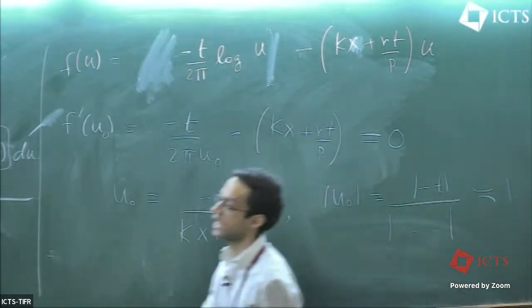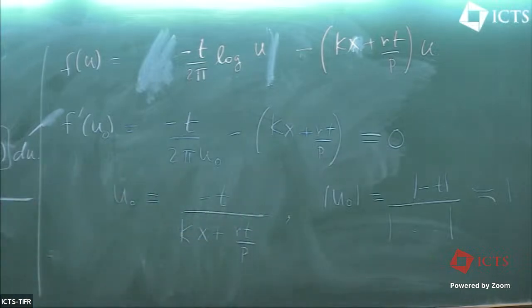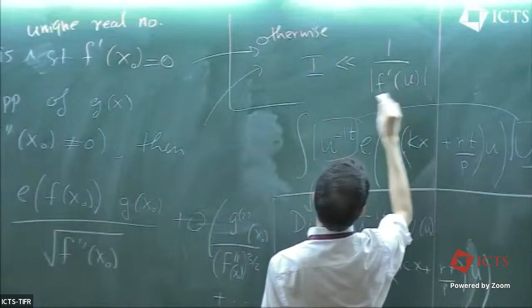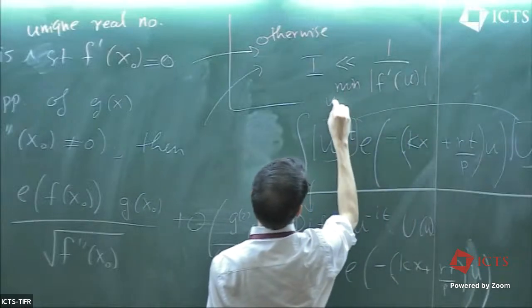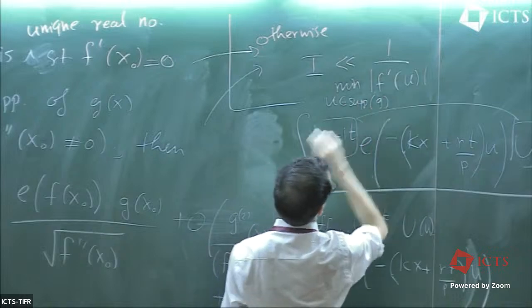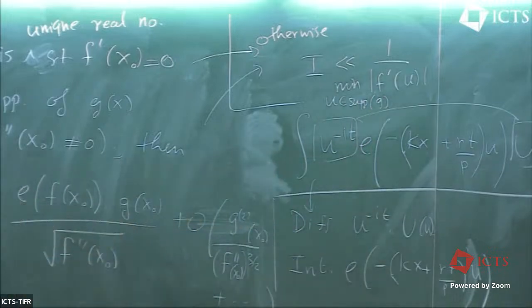Otherwise, you will have to use a bound, which is like the first derivative test, something like this: the minimum of u in the support of your weight function. So you have that. Okay.